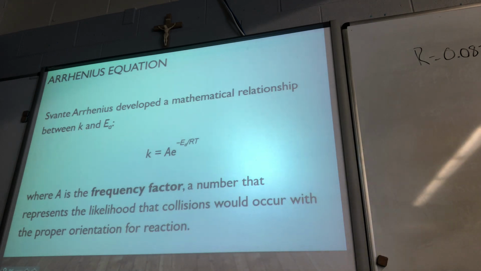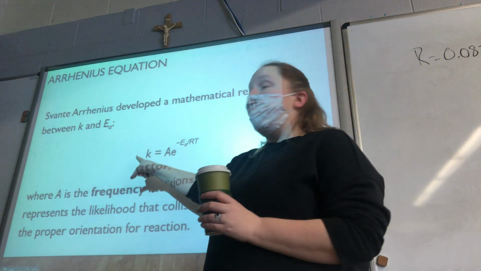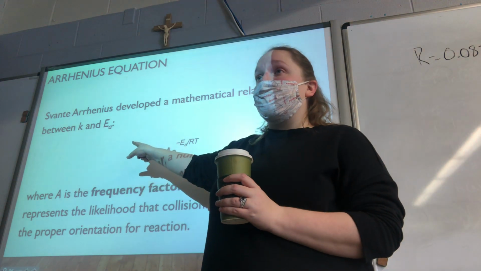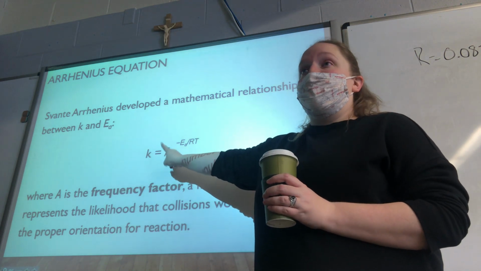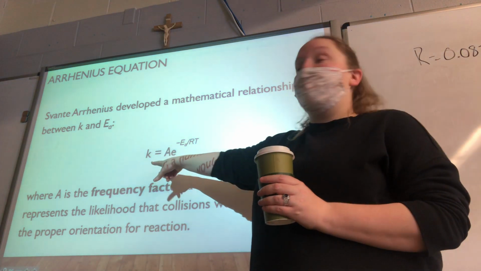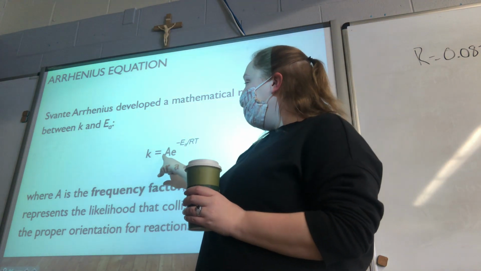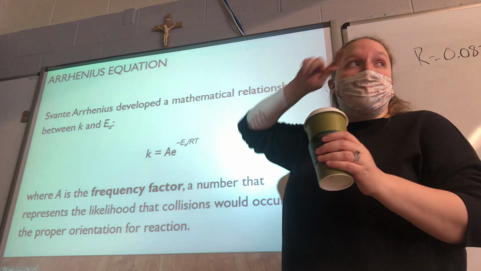From that particular fraction of molecules, we get the Arrhenius equation, where we can relate k, which is the rate constant, to the Arrhenius constant, which is capital A. So do not get capital A confused with E sub A. Capital A is a constant, the Arrhenius constant. e to the negative activation energy divided by RT.